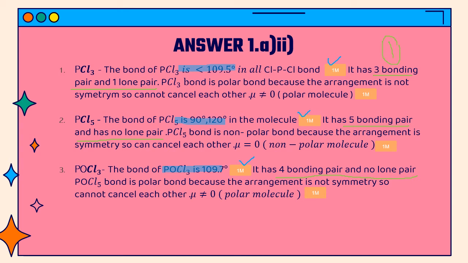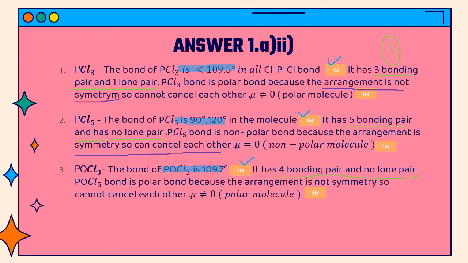Second, state the arrangement of the bonds. PCl3, the arrangement is not symmetrical. Okay, not symmetrical. For PCl5, the arrangement is symmetrical, so the dipoles can cancel off.